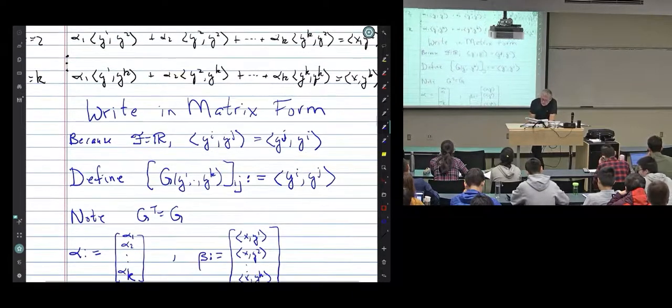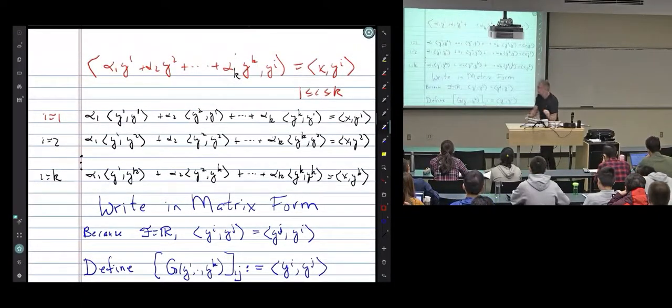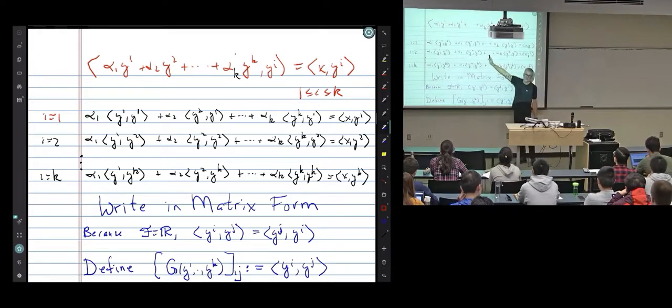Okay, so that's just the notation. So now here's our simultaneous equations. So this is beta, that's real easy. We take alpha out, what's the matrix multiplying the alpha? G, okay?